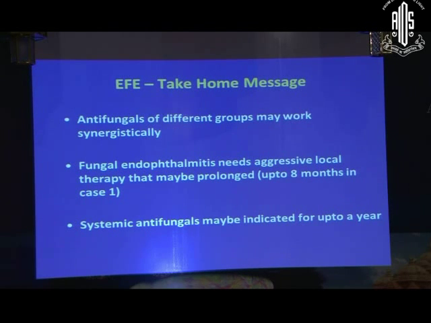The take-home message for endogenous fungal endophthalmitis is that antifungals of different groups work synergistically, and fungal endophthalmitis needs aggressive local therapy that may be prolonged up to 8 months, as in the cases shown, and systemic antifungal may be indicated for a period of 1 year.